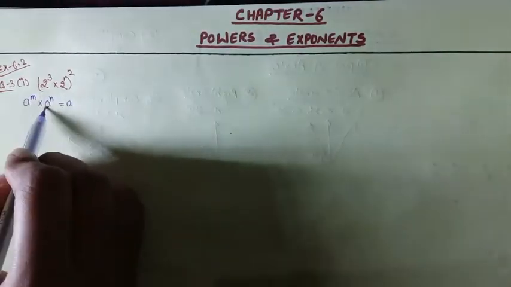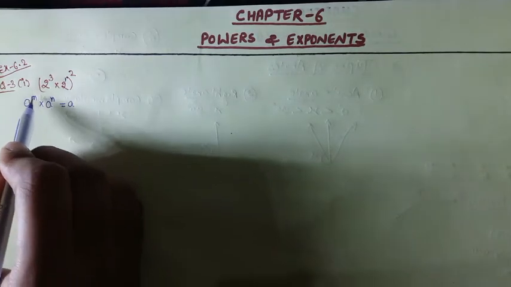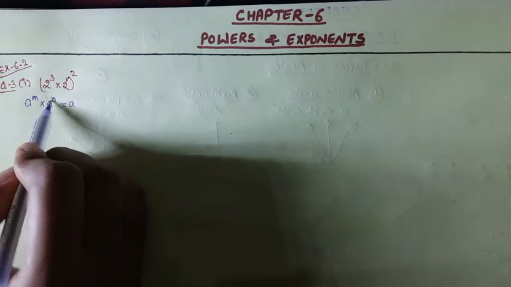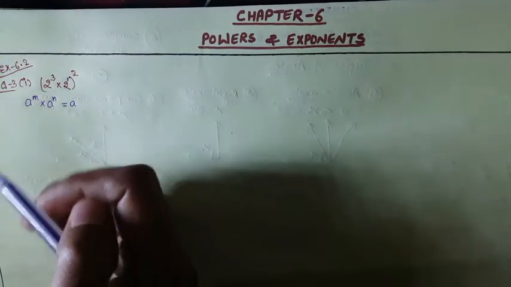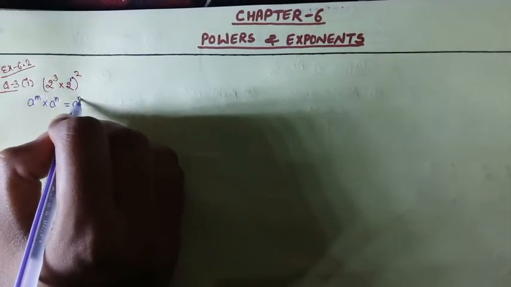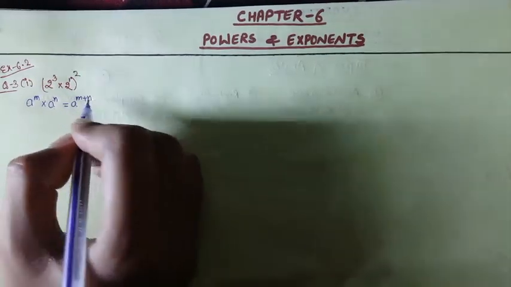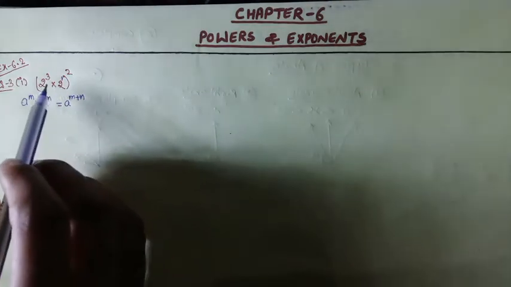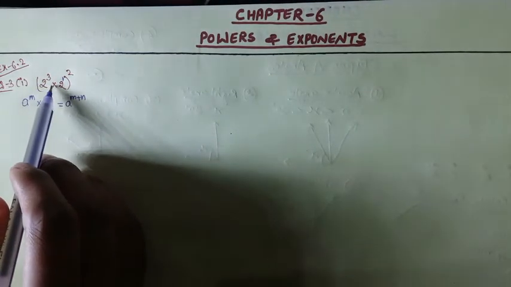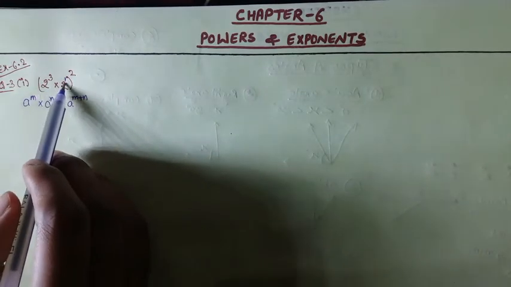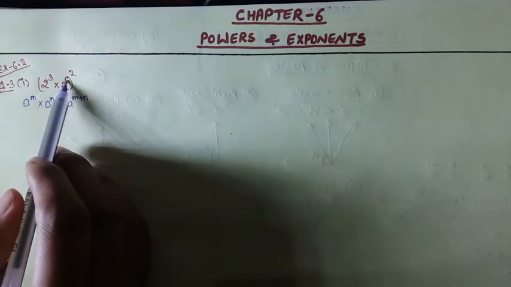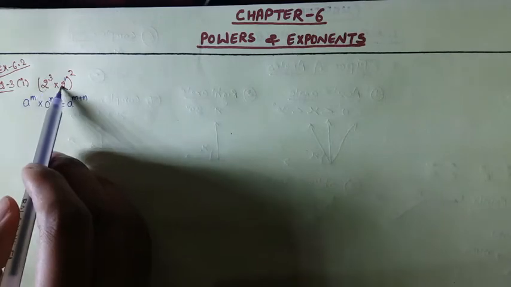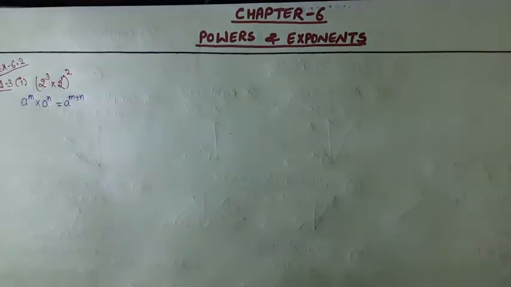If we have the same base and different powers, then the powers get added. So this is equal to a to the power m plus n. Yes, so this is in the form of a to the power m into a to the power n, so we are going to add up the powers because here we have the same base and different powers.